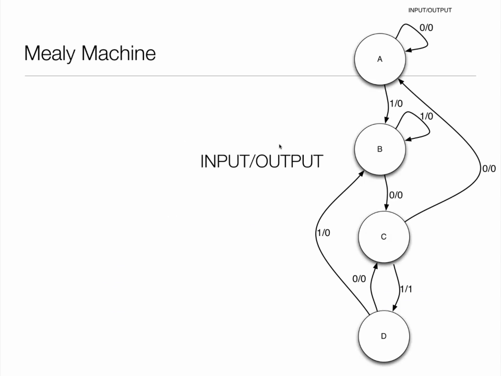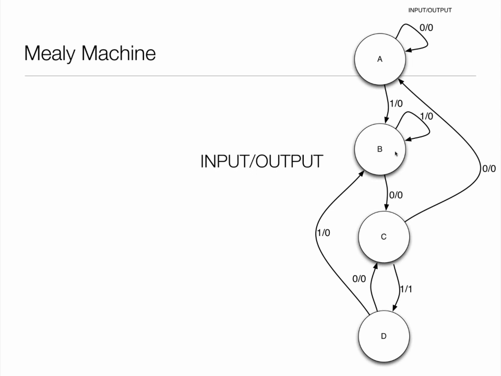What does it look like? It looks like this. Now note, the states no longer have fixed outputs. The output is a function of the state you're in and the input. So input/output. So in state A, with the input of 0, we get a 0 in the output. In state A, with an input of 1, we go to state B, and we get an output of 0.